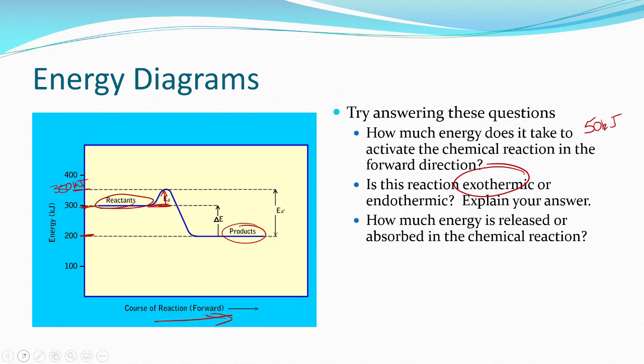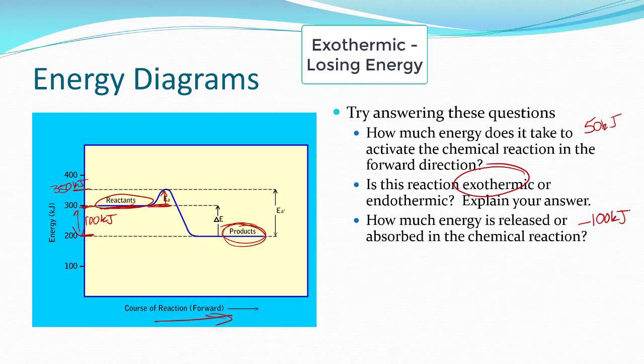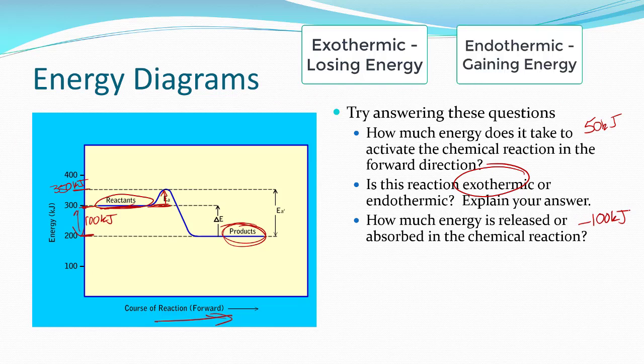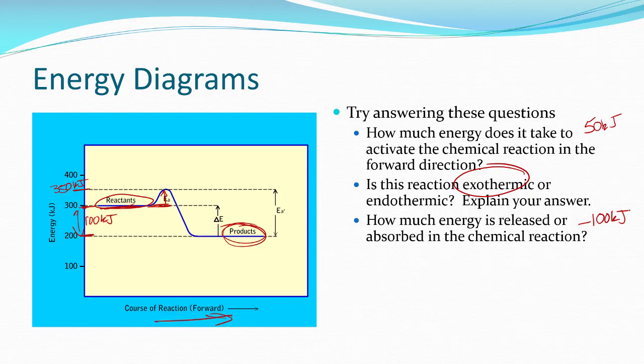So if we compare the reactants, again, to the products here, we can see that it's a difference of 100 kilojoules, which means that this is releasing, so we would put negative 100 kilojoules for the answer, all right? Negative because it's losing energy. Exo means losing. Endo means gaining or absorbing, okay? Think exosuit is on the outside. Endoskeleton is on the inside, okay?